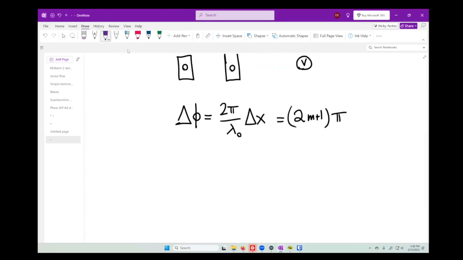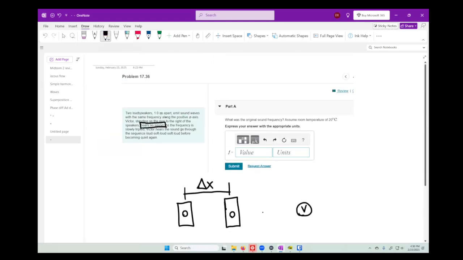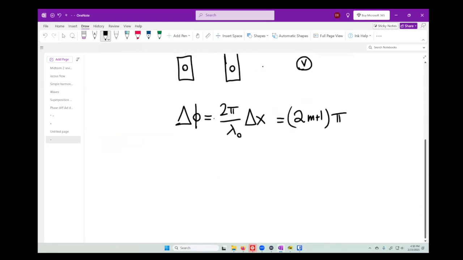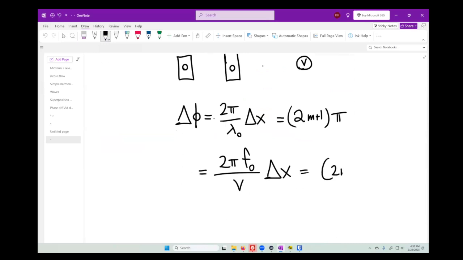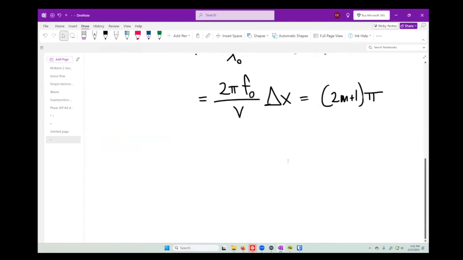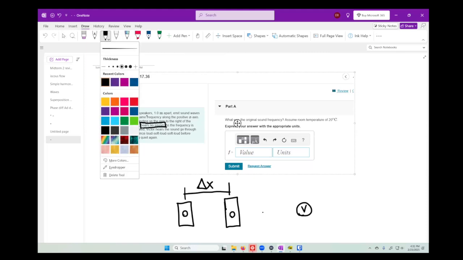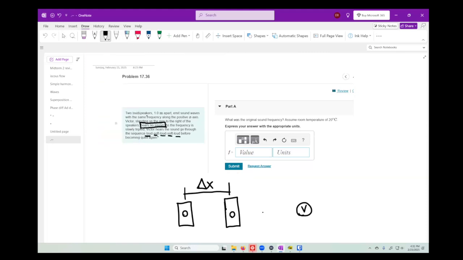Okay, so you set up your delta phi. It's destructive interference because Victor hears no sound. Then you can write this in terms of the frequency, and then you increase the frequency. As we increase the frequency, we get another point. So the sound goes loud, soft, loud, soft, loud.